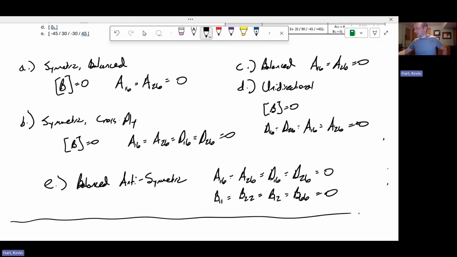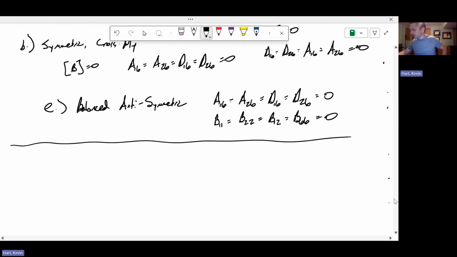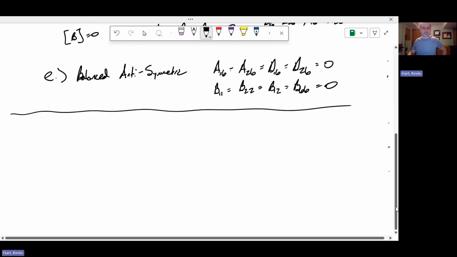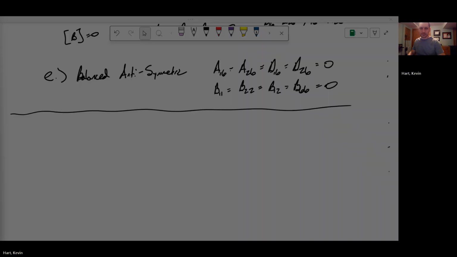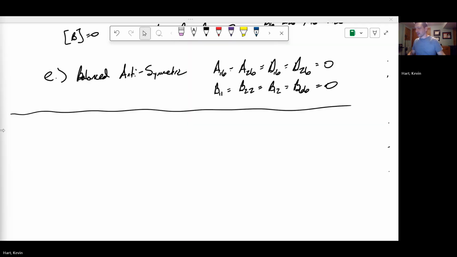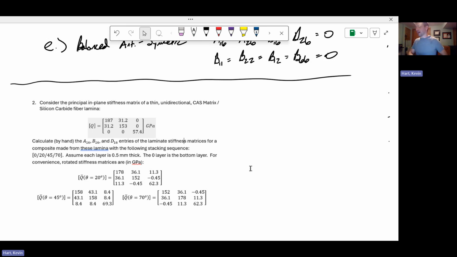Let's move on. Let's look at number 2. In number 2, you're actually going to start doing some calculation of the stiffness matrices for laminates. So let's get on with it. Consider the principal in-plane stiffness matrix of a thin unidirectional cast matrix silicon carbon fiber lamina.